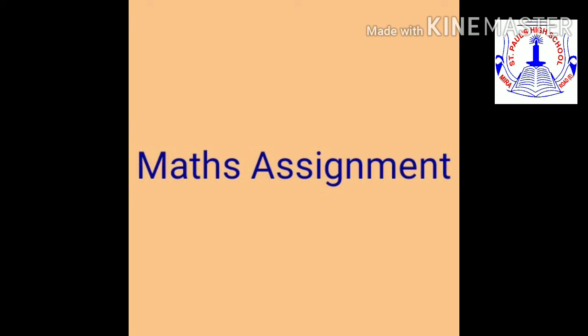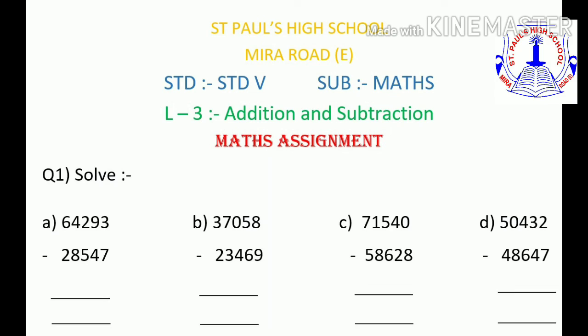Now you are going to solve this maths assignment. Question number 1, solve. First one, 64,293 minus 28,547. B, 37,058 minus 23,469.